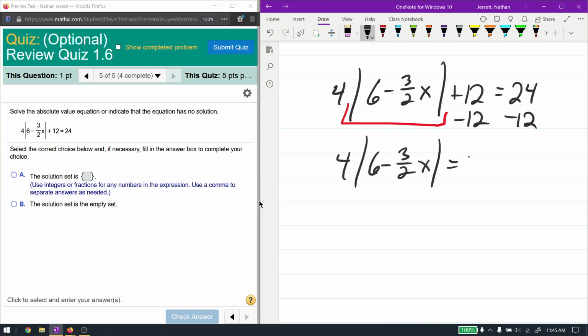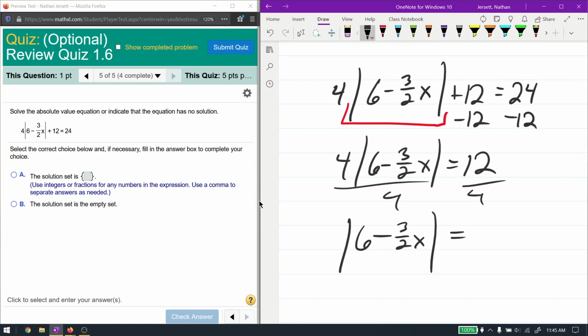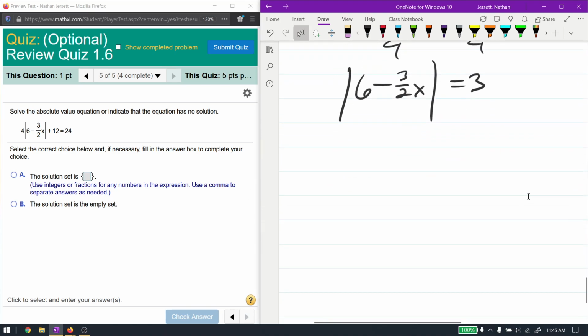Okay, divide by 4. It gives me 6 minus 3/2 x equals 3. Now I have the absolute value by itself. I can split this up into two equations, the positive and the negative.